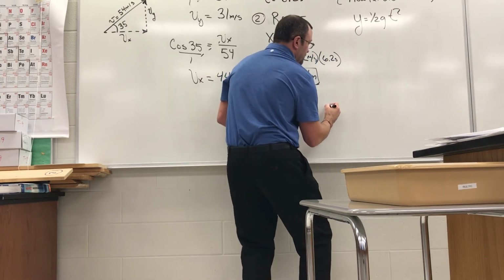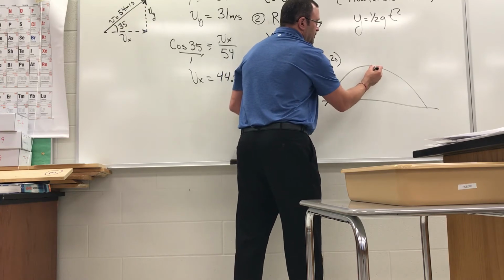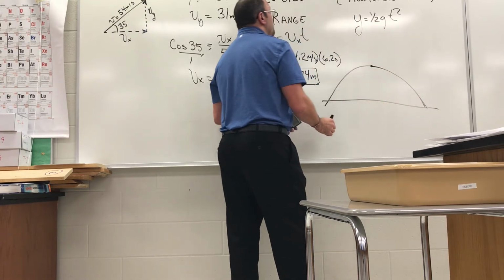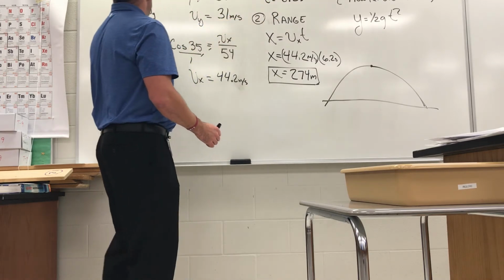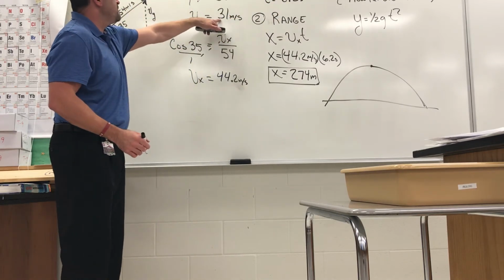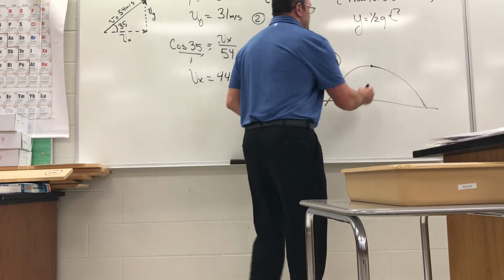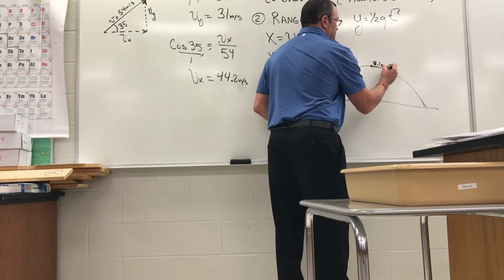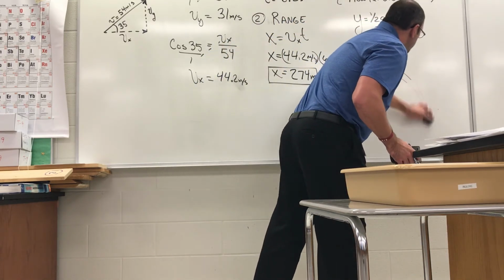Remember, this thing goes up and back down. We only want the amount of time for it to go down. So I'm going to take my time up here, 6.2, and I'm going to cut it in half. In other words, it takes 3.1 to go up, we said, 3.1 to come down. I only want to use the 3.1 seconds, which is how long it takes to get from here down to there. Okay? So I plug those in.